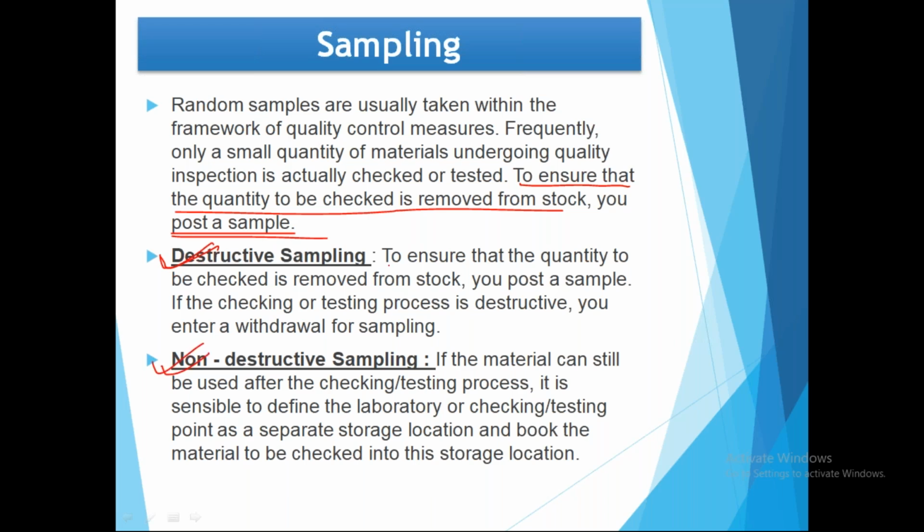If the checking or testing process is destructive, you enter a withdrawal for sampling. After the quality inspection, the stock will get consumed. The stock cannot be used, or is not available.